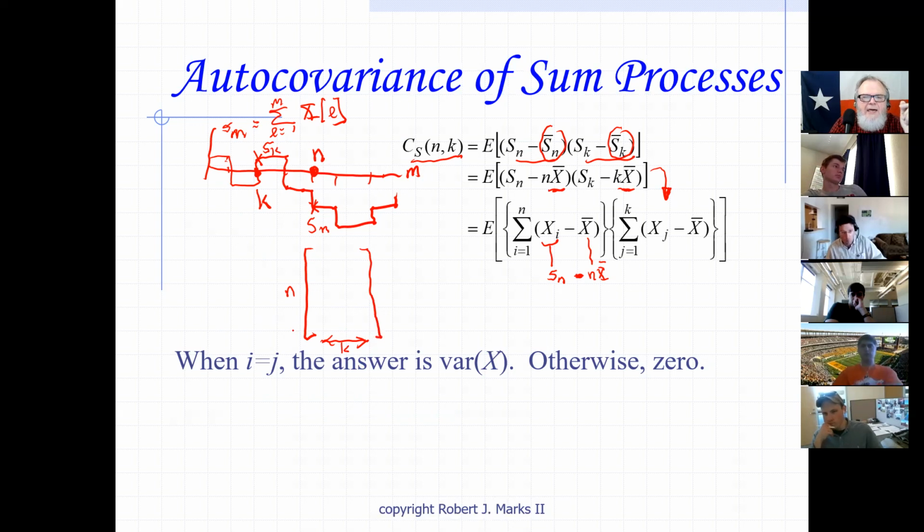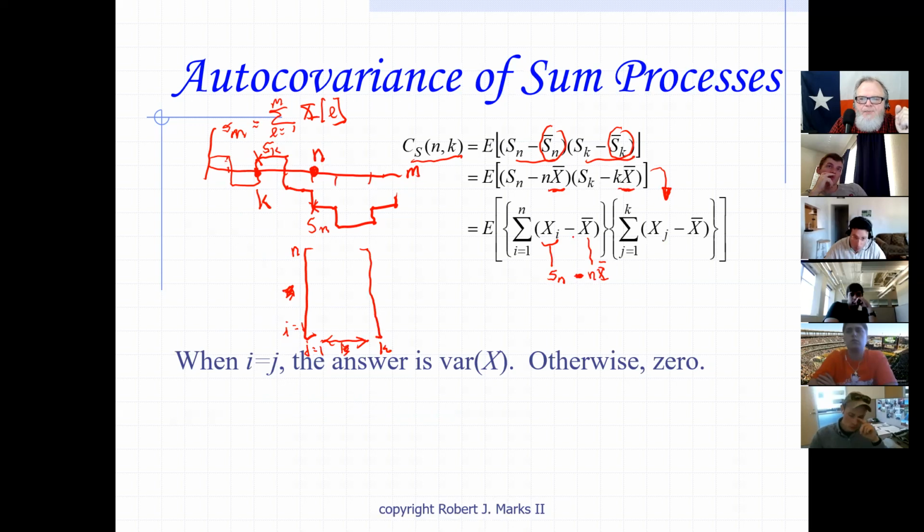And for the i, this goes from i equal to 1 all the way up to n. And this one goes from j equal to 1 all the way up to k. So think of this as a matrix. Wish I hadn't drawn those, but that's okay. So this is i equal to 1 to n. This is j equal to 1 to k.